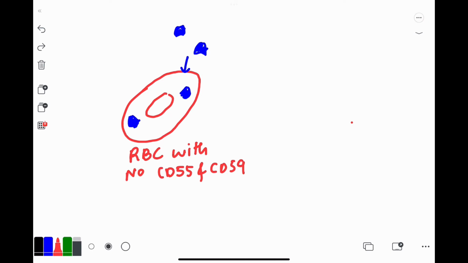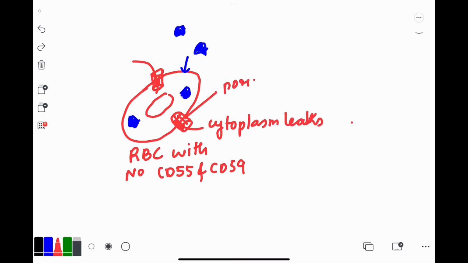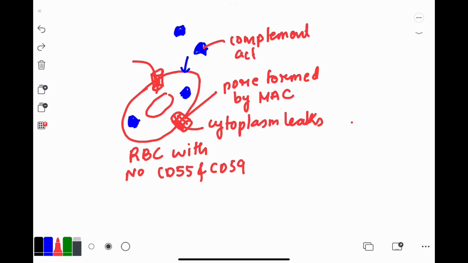This is the membrane attack complex which forms pores in the red blood cell membrane, and due to the formation of pores, the cytoplasmic content leaks out of the RBC, there is loss of homeostasis, and the red blood cells get destroyed.